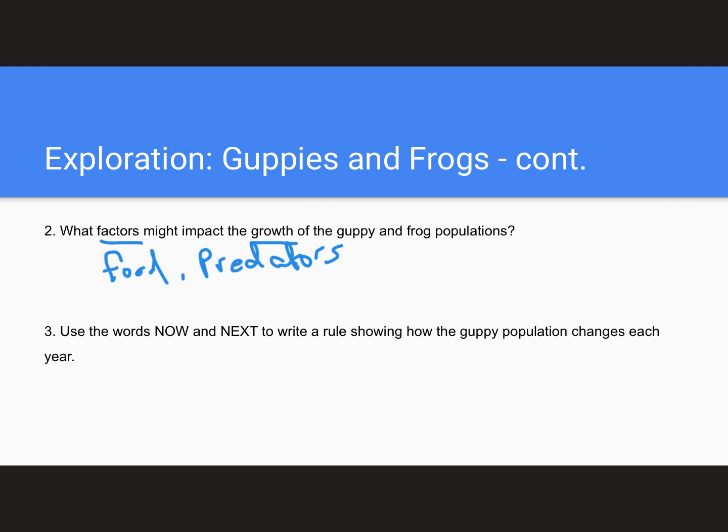The next question asks us to use the words now and next to write a rule for how the guppy population changes each year. So remember, the guppy population increased by 25 guppies each year. So how about this for our words? Now, we have 300 guppies.